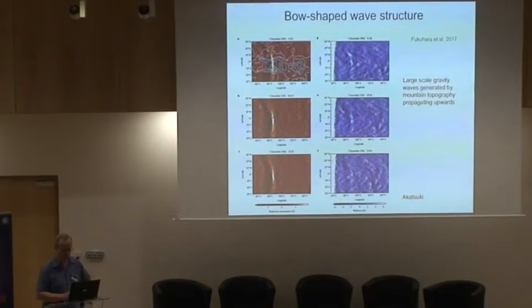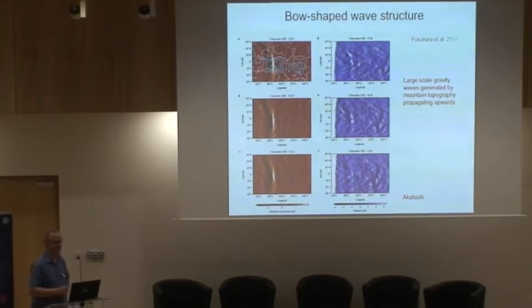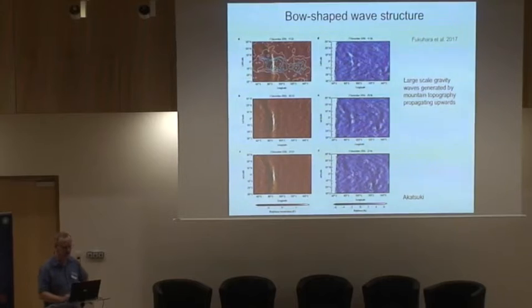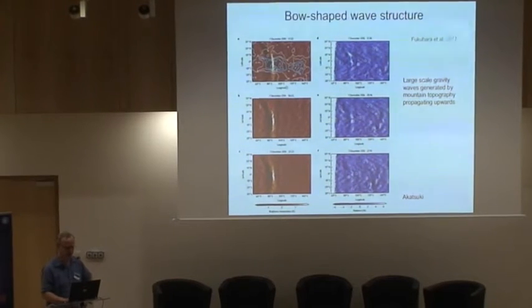So another kind of structure seen in the Venus atmosphere, which has been measured recently by the Akatsuki orbiter, by the long-wave infrared camera, is this bow-shaped structure, which is in fact a gigantic structure extending over 10,000 kilometers. And you may see here the relief, that is the mountains below, the highlands of Venus below the wave.